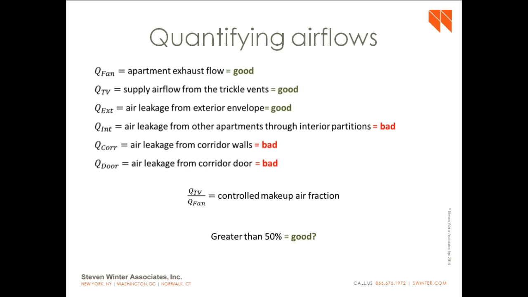In a balanced ventilation system, the controlled makeup air fraction is 1. For every unit of air that's drawn out, there's one that comes back in. We don't really have a measure of what's considered good, but for the purposes of this presentation, we'll call 50% of makeup air coming from a known clean source good enough.